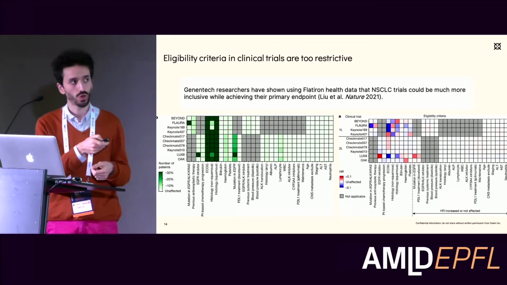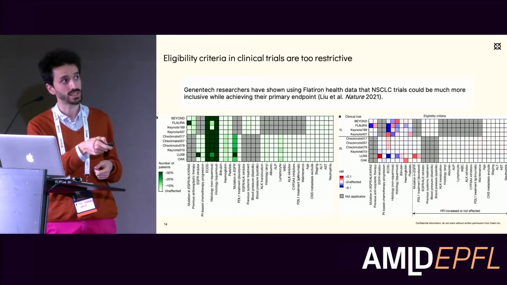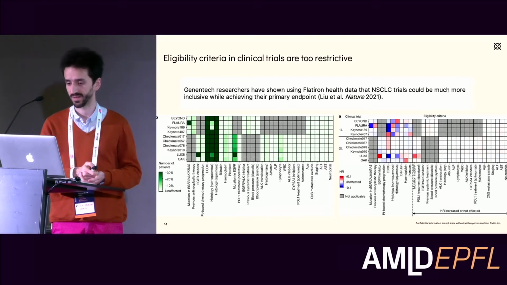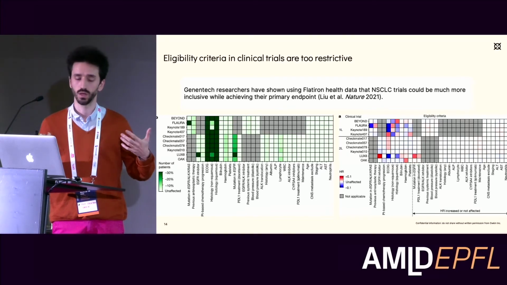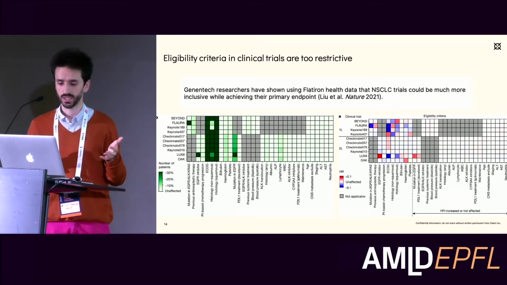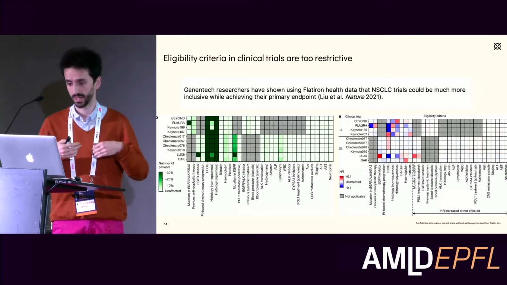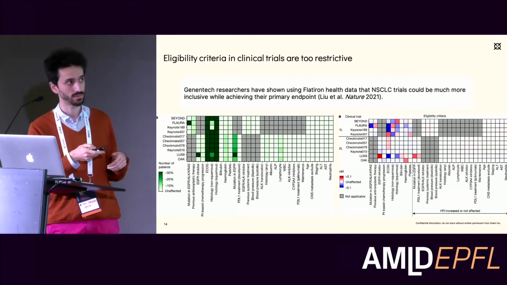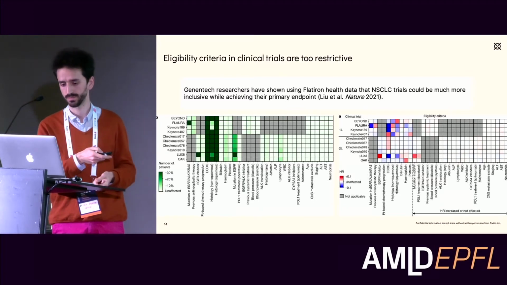And also looking at the impact on the coefficient of the treatment effect. Basically they showed that a lot of the inclusion criteria are actually not useful, and reduce a lot the population size, the enrollable population.